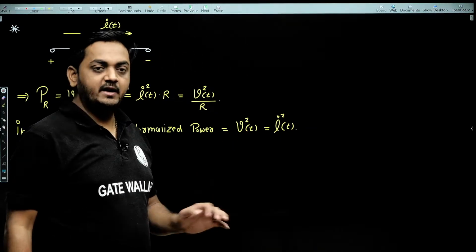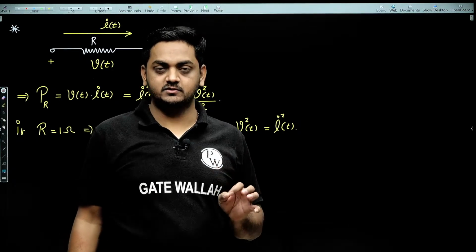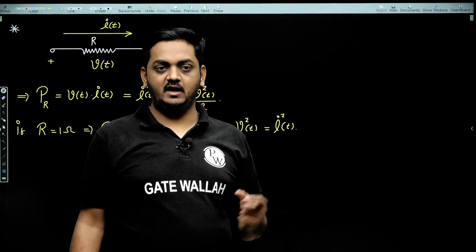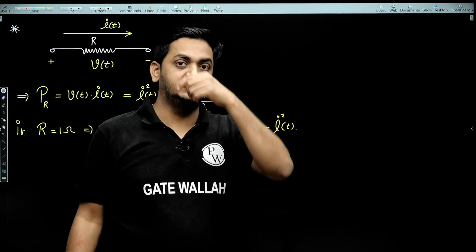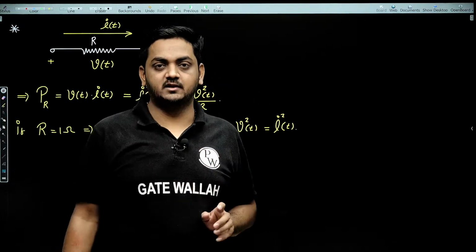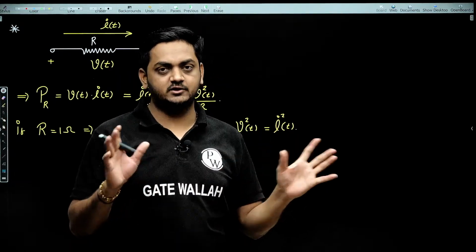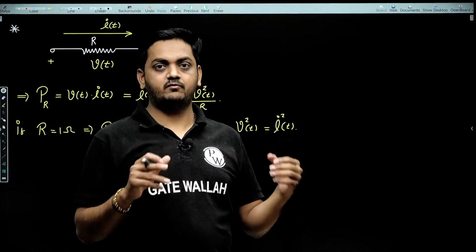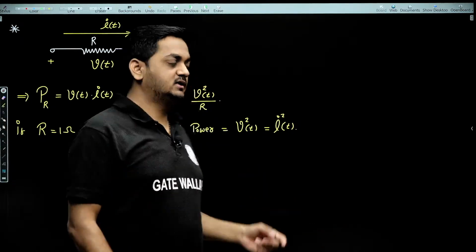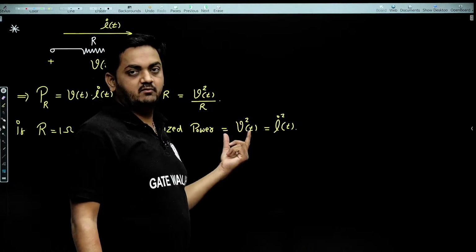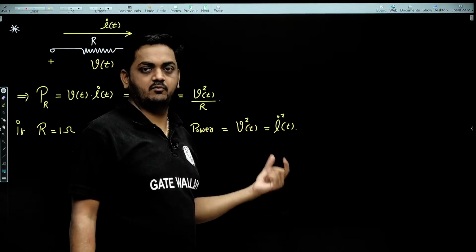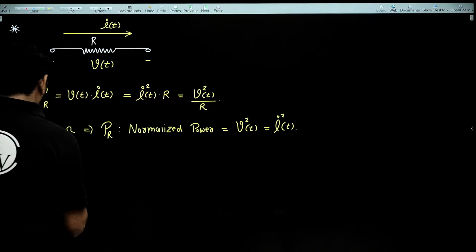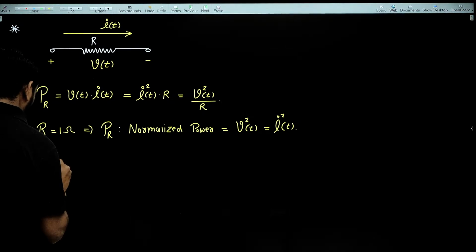In short, in both the power formula and the energy formula, the square of the signal will come. We will consider the general signal x of t and find the energy and power for x of t. What is the relation between power and energy?